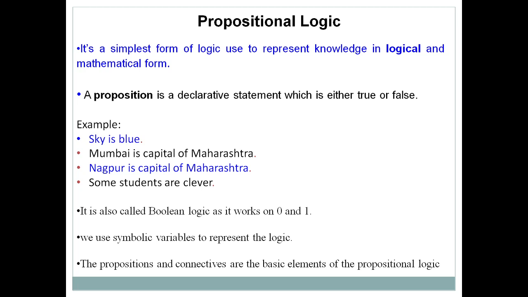We use symbolic variables. In the next slide we are going to discuss how symbolic variables can be used to represent a proposition, because a proposition is written as a simple English statement and is not understandable by the machine. The machine wants mathematical language, it wants numbers, so we need to represent it with the help of variables. Propositions and connectives are the two basic elements of propositional logic. Propositions are represented with the help of variables, and in order to connect those variables we require a connective.